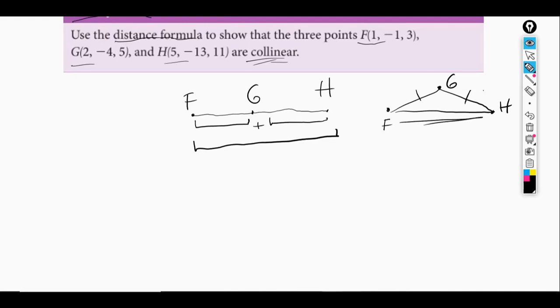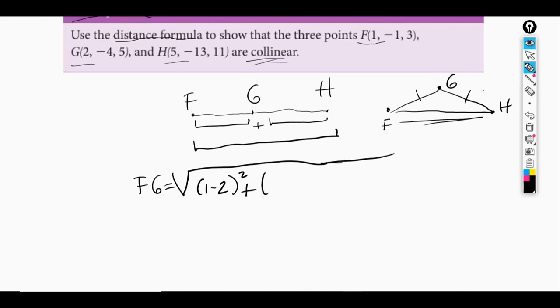Okay, so let's start by finding the distance FG. So FG would equal the square root of 1 minus 2 squared, those are the x coordinates, plus -1 minus 4, so -1 plus 4, and this squared, plus 3 minus 5 squared.